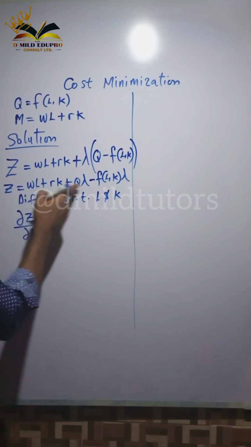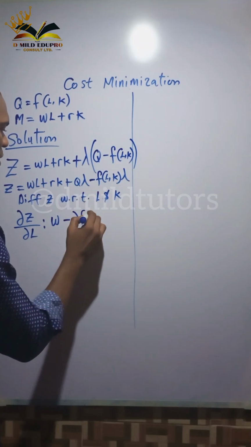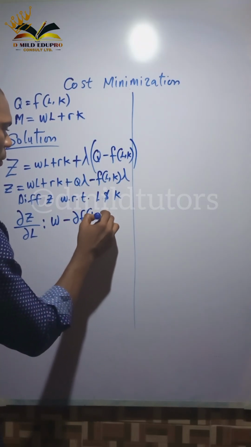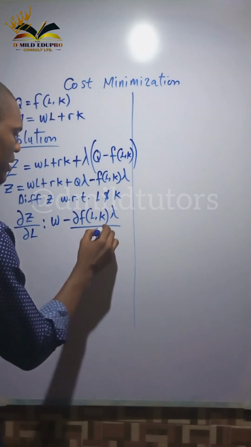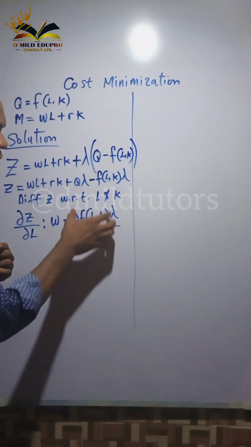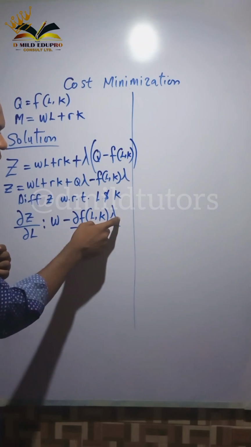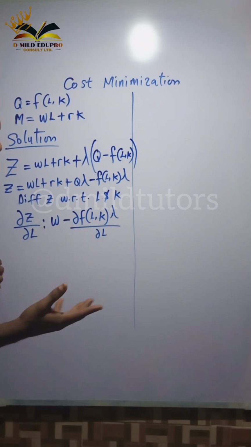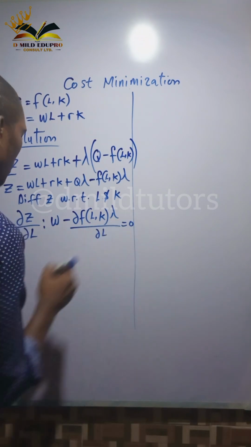Then this will be 0, this will be 0. Then you have minus the derivative of this, F of L, K, lambda, all over the L. There is a way you can also differentiate this, and that can be done. Now, everything equals 0, don't forget.